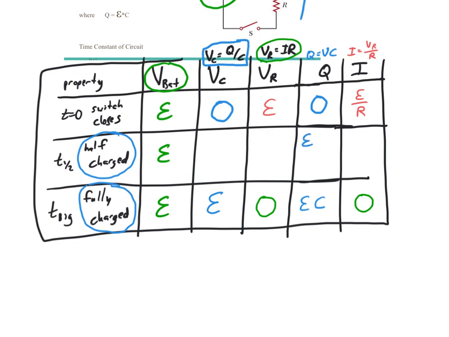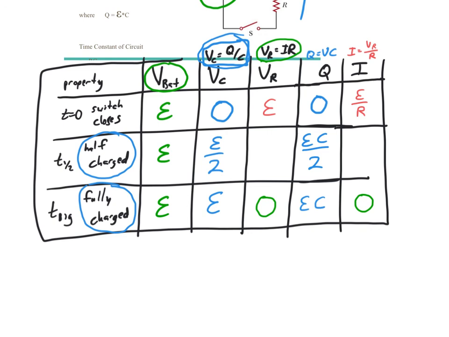Electromotive force multiplied by the capacitance divided by 2. I can use that charge to get the voltage across the capacitor by taking that charge and dividing it by the capacitance, giving me the EMF divided by 2.